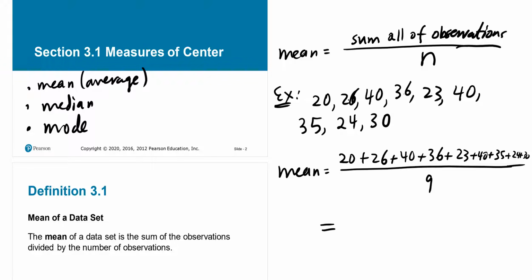If you do the calculations, you can use the calculator for that, you get 30.5. That's the mean.